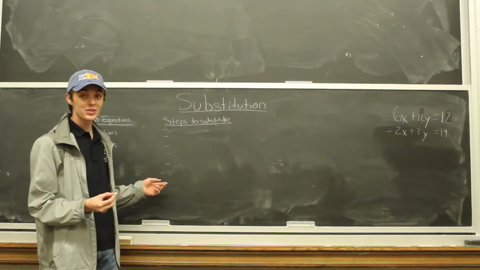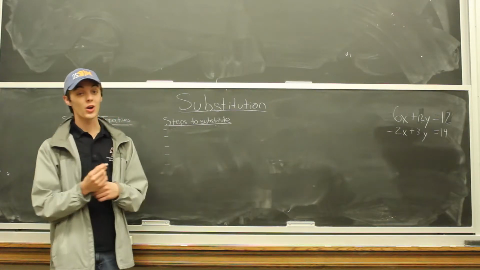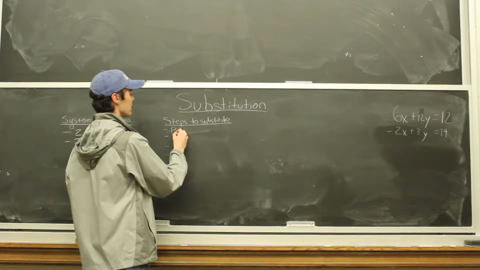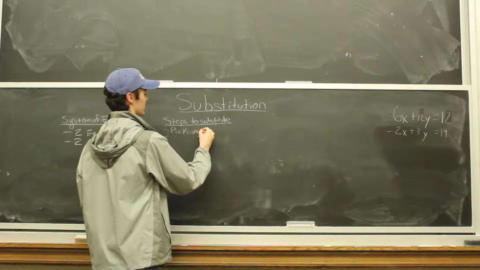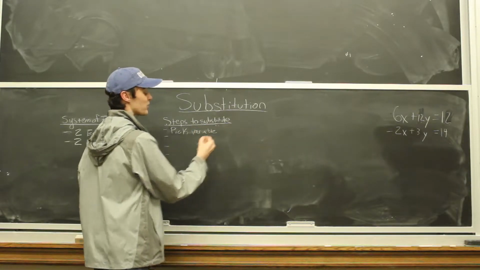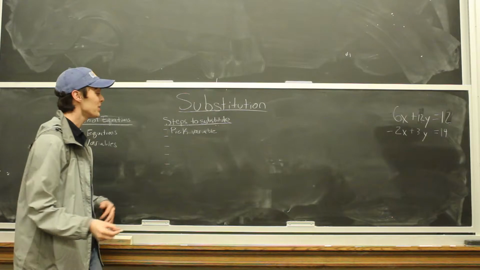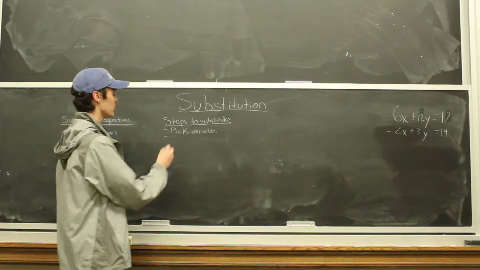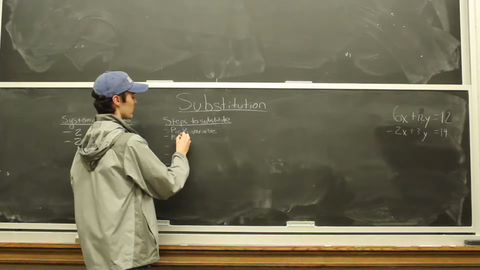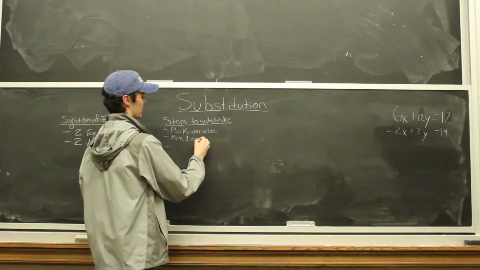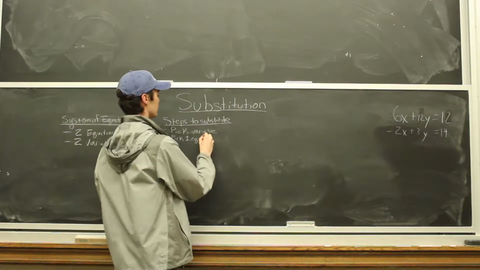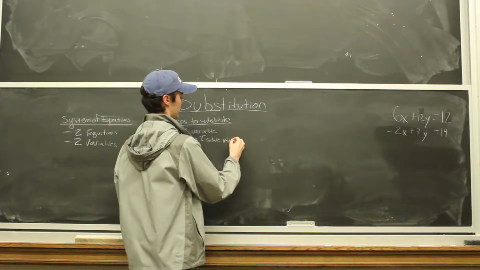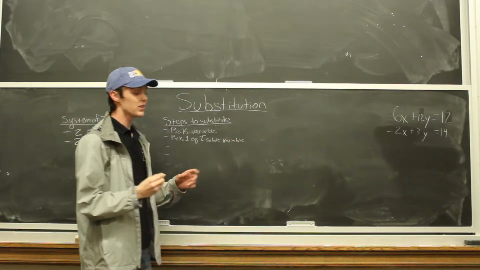There are 5 steps to performing substitution to solve a system of equations and get an answer for either variable. Step 1 is to pick a variable. It doesn't matter which one you pick, they just take different steps to complete, but we'll see that as we walk through. The second step is to pick one equation and isolate that variable on one side of the equation.